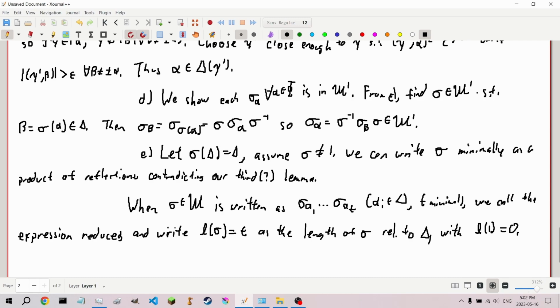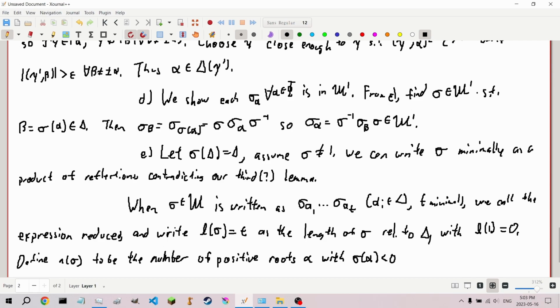We have an alternate way to think about length, which we can define. n of sigma to be the number of positive roots alpha with sigma of alpha being negative.